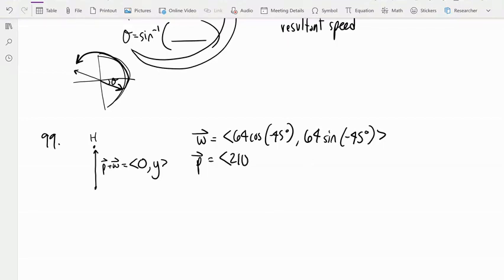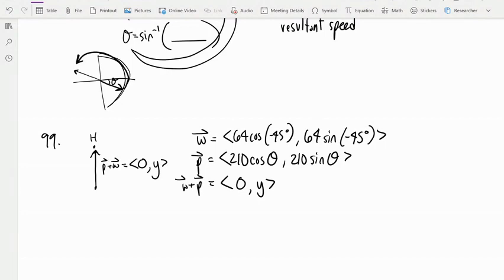It's going to be 210, because that's a speed, cosine of theta, and then 210 sine theta. And I want the resultant, in order to go straight up, to equal 0, comma, some y coordinate. And that's going to have to be my resultant. So that's going to be W plus P.